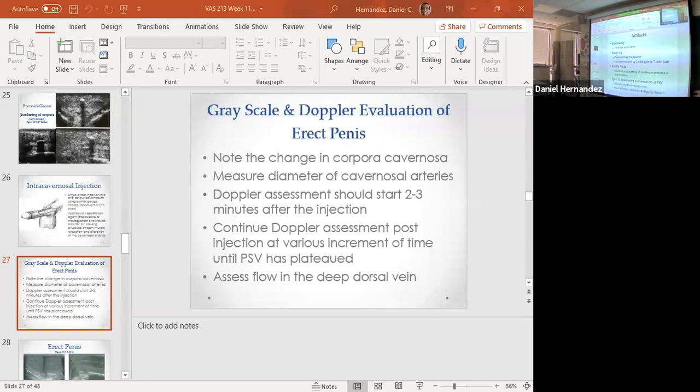Even though you have spectral broadening and elevation of peak systolic velocity, it won't affect your RI because you'll also have an increase in your end diastolic velocity. So that ratio will remain intact for an RI, resistive index, or a pulsatility index. And it won't affect your velocity ratios if you're going between two segments, because they'll both be elevated, so you have equal elevation from segment to segment.